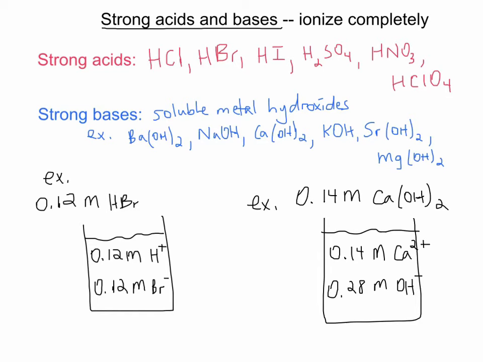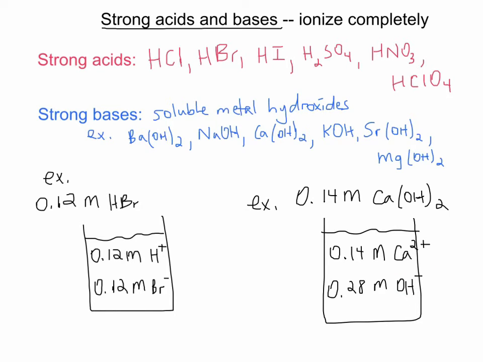Now to show an example with our strong base, I'm choosing the base Ca(OH)2, and hopefully you'll see why. Our positive ion here is Ca2+, and our hydroxide, again, is OH-. If we have a concentration of 0.14 molar, which I just made up, when it ionizes completely in water, shown in this beaker down here, it's going to ionize into Ca2+ and OH-, our cation and our anion.